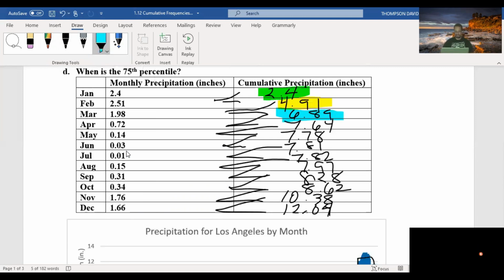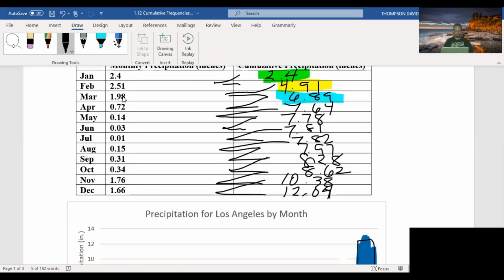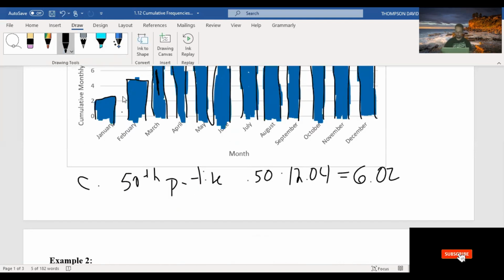So sometime between February and March, we hit that 6.02. So we're going to make our argument that the 50th percentile is in March. So we'll say it occurs in March.